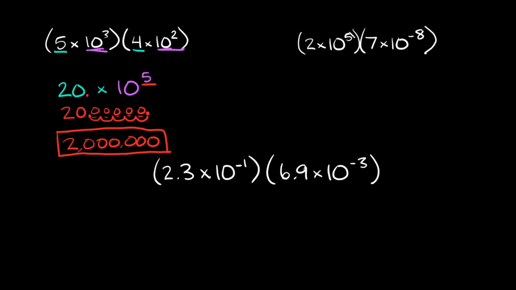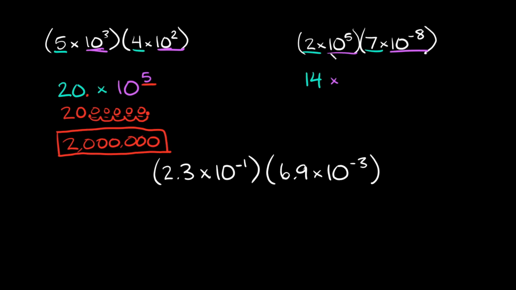So here we have 2 times 10 to the fifth power times 7 times 10 to the negative 8th power. Okay, so again, first thing you want to do is multiply your leading numbers. Okay, so we have a 2 and a 7. 2 times 7 is equal to 14. Okay, and then we're going to multiply by this other part, the tens. So 10 to the fifth and 10 to the negative 8 power.